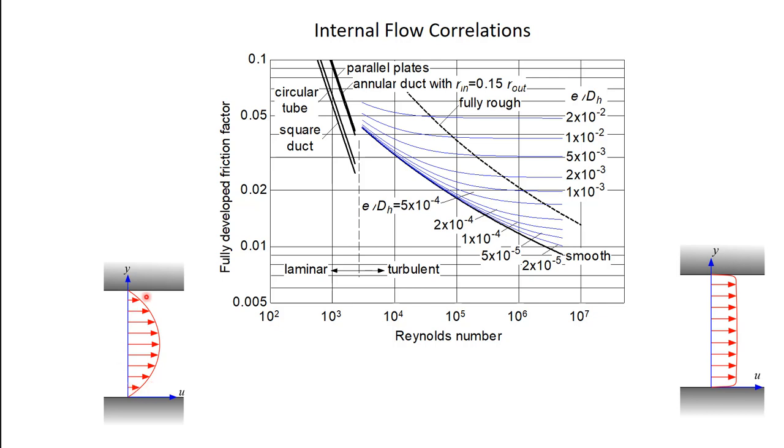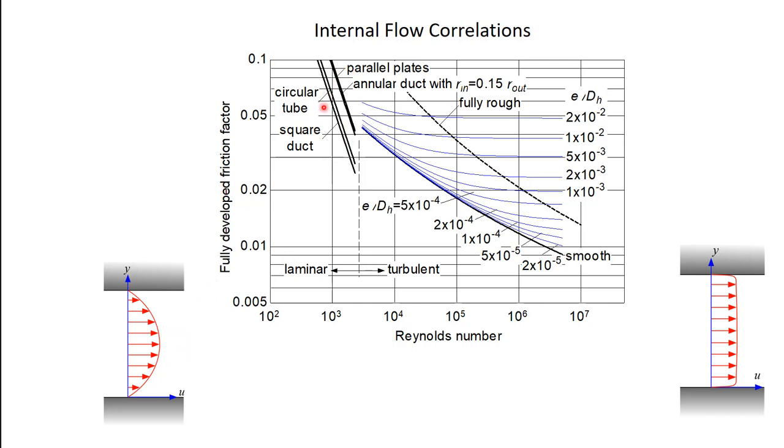You don't have any turbulent eddies. You've got the entire duct participating in the velocity gradient. And so it makes some kind of sense then that the shape of the duct is actually going to have a pretty strong effect on the friction factor for a laminar flow.